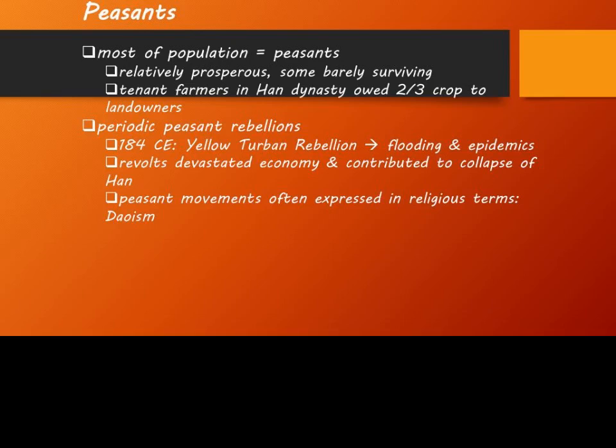Now, they used Taoism and mystical rituals to unify themselves under one set of ideas, and they called for a new age of equality and peace. But the Han military eventually put down the rebellion. But the rebellion and the military campaign really weakened the state. It contributed, actually, to the eventual collapse of the Han Empire.